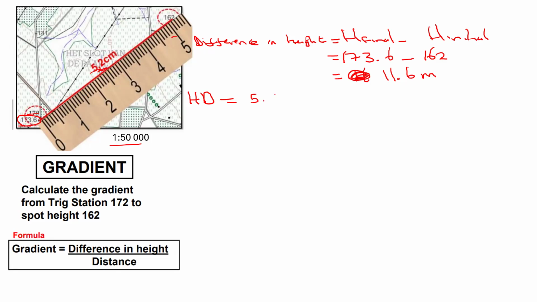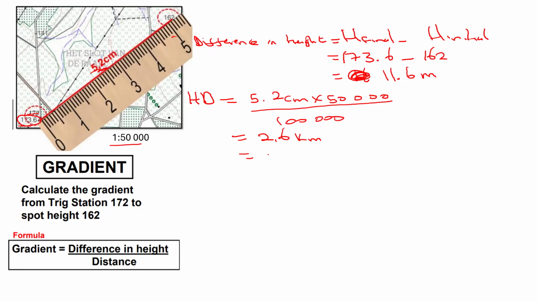So I'll say 5.2 centimeters multiplied by that scale, which is 50,000, and to convert it to kilometers, I divide by 100,000. And if I punch that on my calculator, I get 2.6 kilometers.